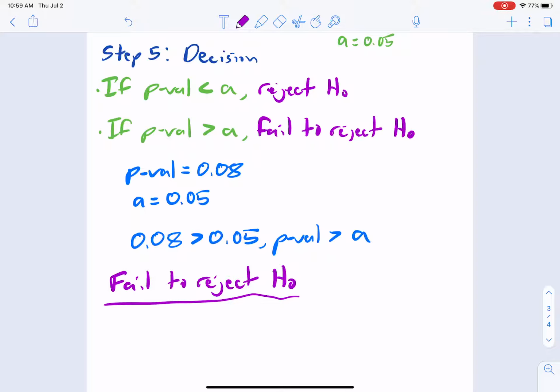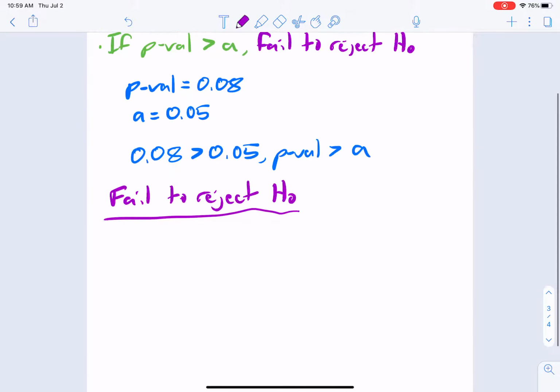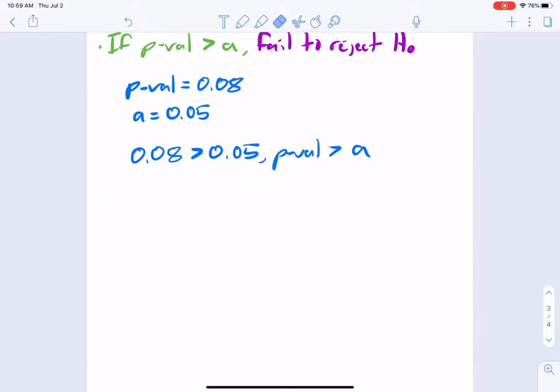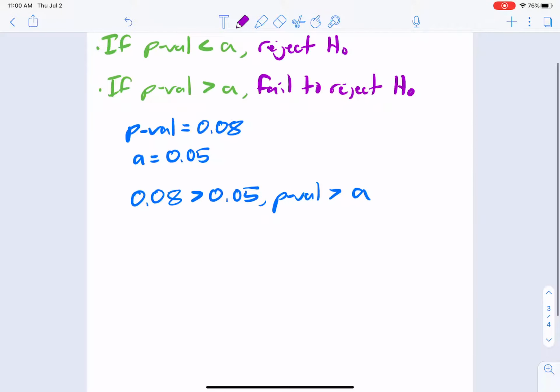When you're doing it for homeworks or tests, this sort of structure is fine. You can also just write it out. As long as I can see your process, that's all I care about.